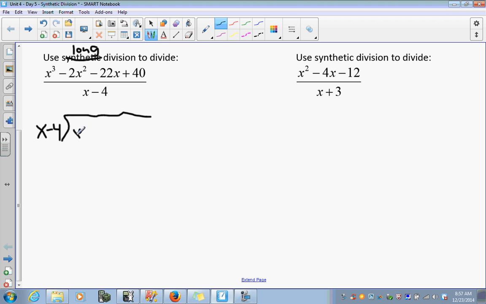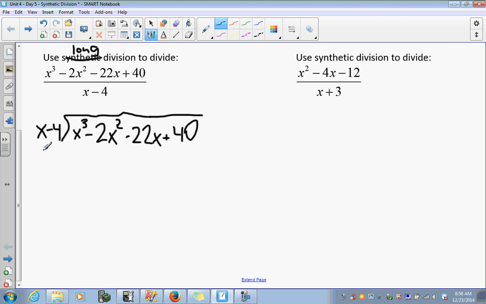So x cubed minus 2x squared minus 22x plus 40. Okay, so this is the long division setup for polynomial, and this is how we go about it. Okay, this is how we carry it out.